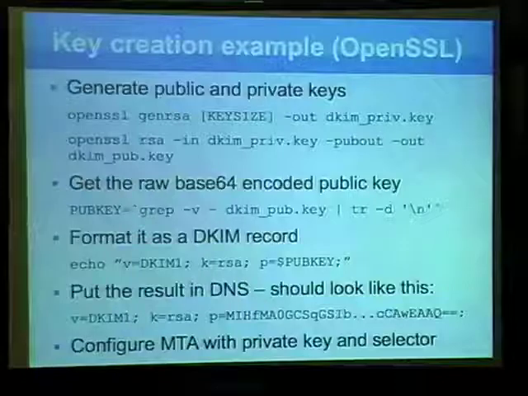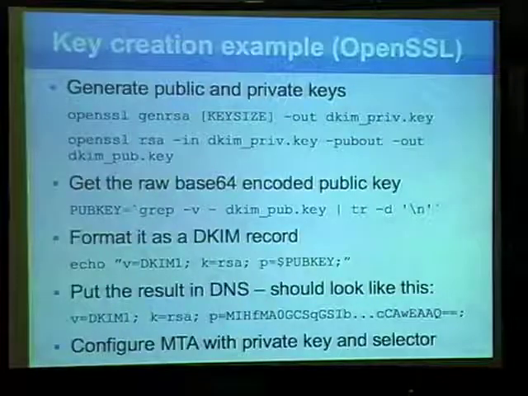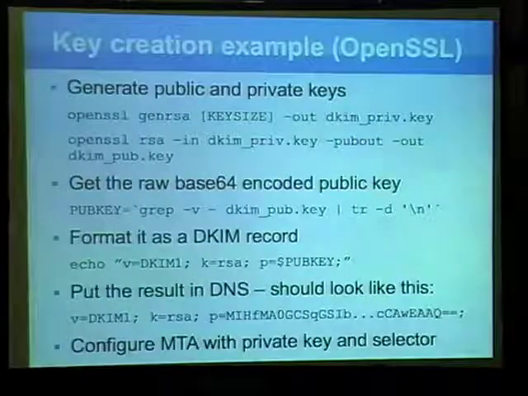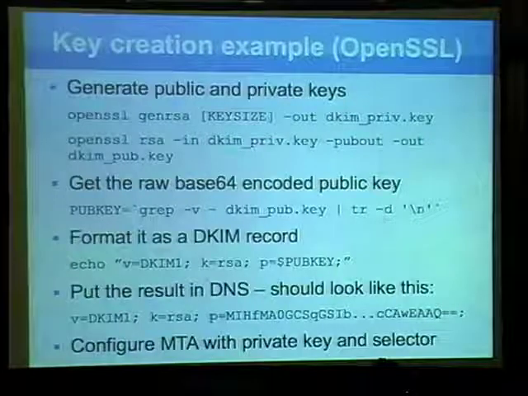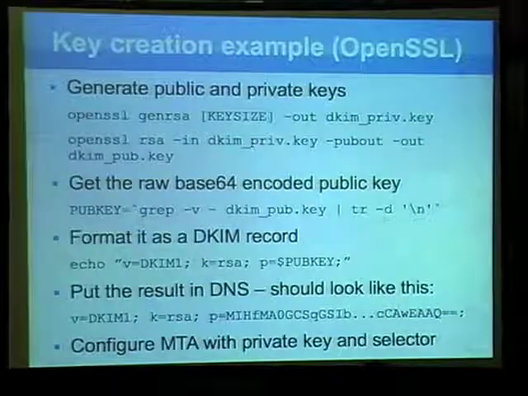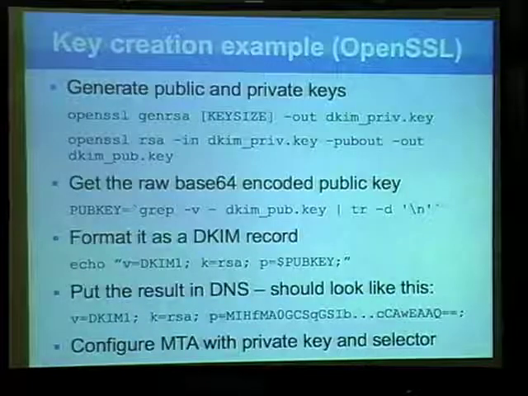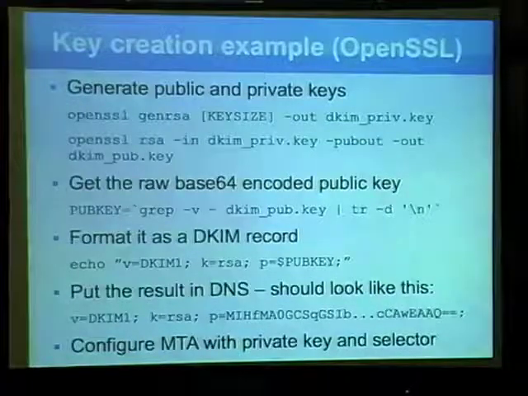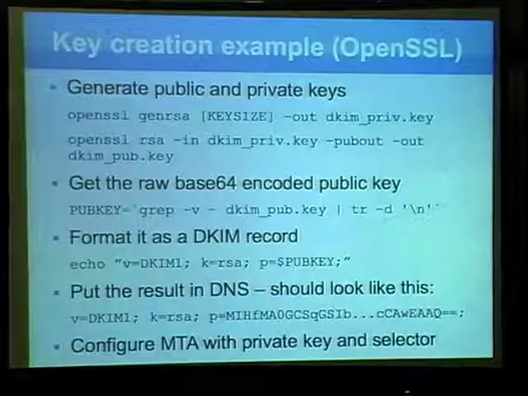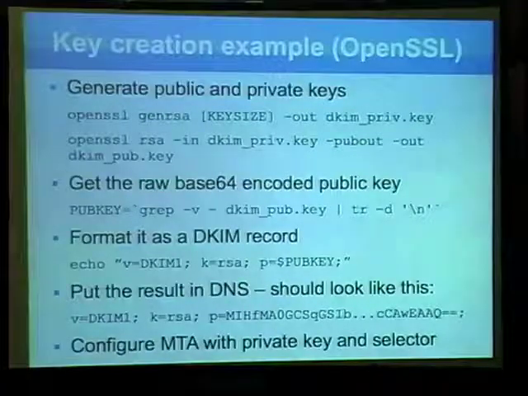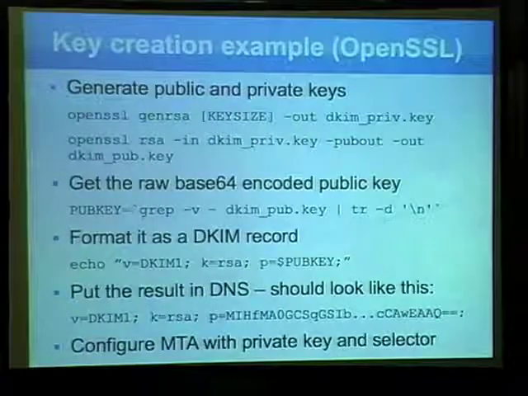I haven't looked into that in too much detail, what's out there, what the defaults for them are, but it's that. There's an example DNS record up there. That one has the version, the key type, and the public key data. And once you've done that, you're configuring your mail server with that information.